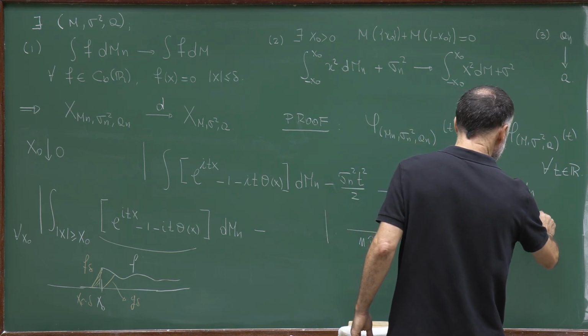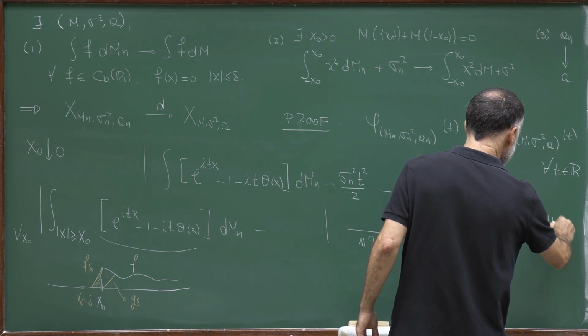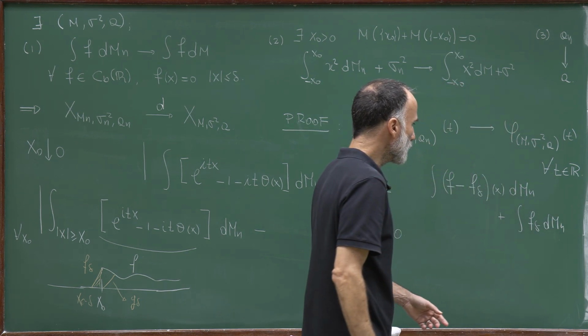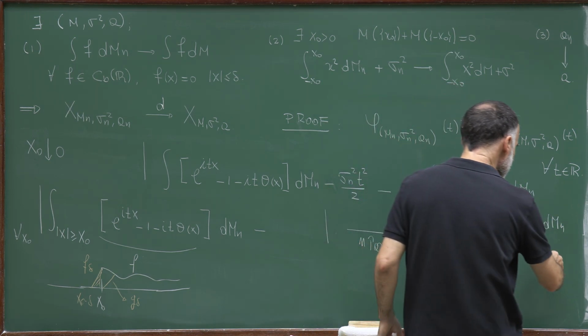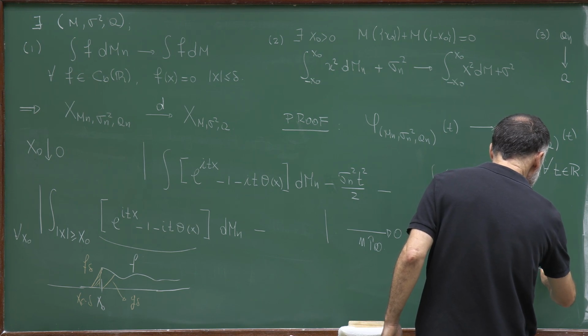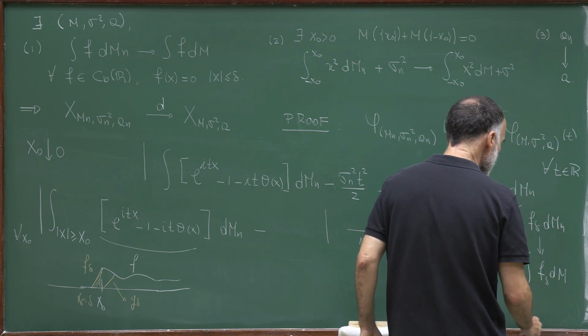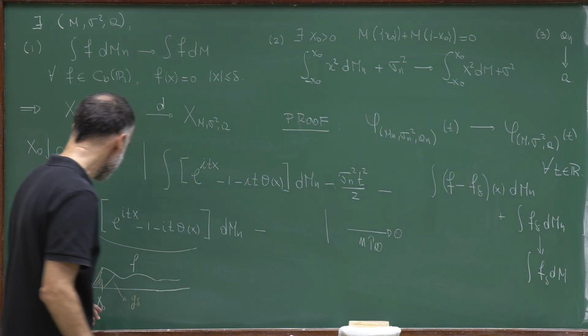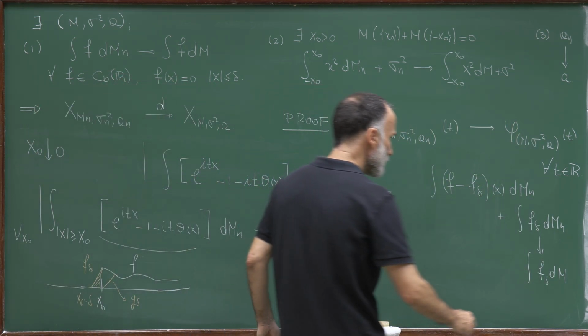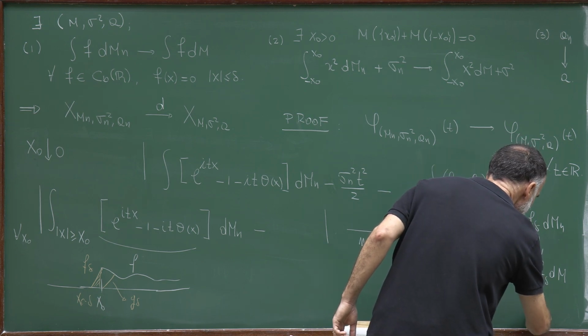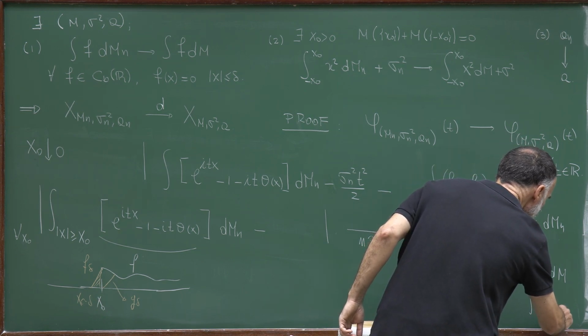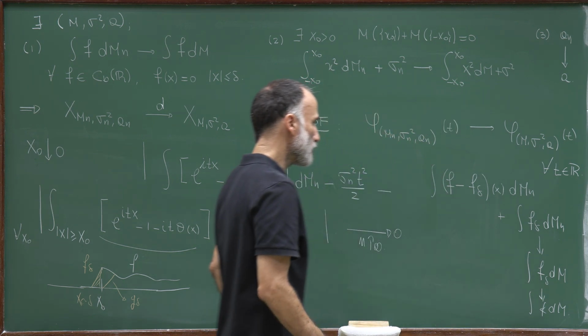And I'm taking f delta dmn. So what I know is that for all delta, this expression converges to f delta dm. And since x0 is a continuity point of m, this expression converges to f dm as delta goes to 0.